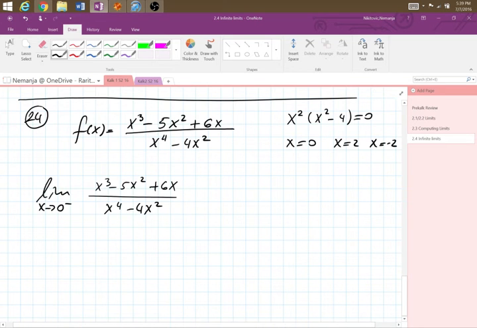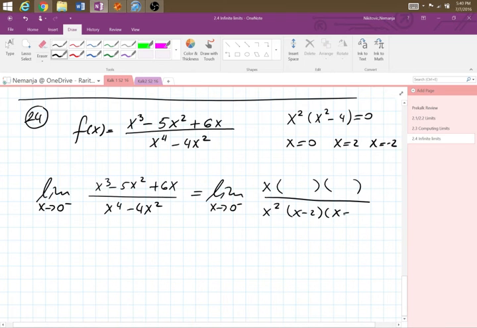Since we have polynomials, we're going to factor them all, and then cancel as much as we can. In the numerator, don't forget to write this limit. This limit has to be written over and over again until you get to use it. So we copy the limit, and the numerator factors into kick out x, and then the quadratic will be factored into 2 of these. And the denominator we already know is this.